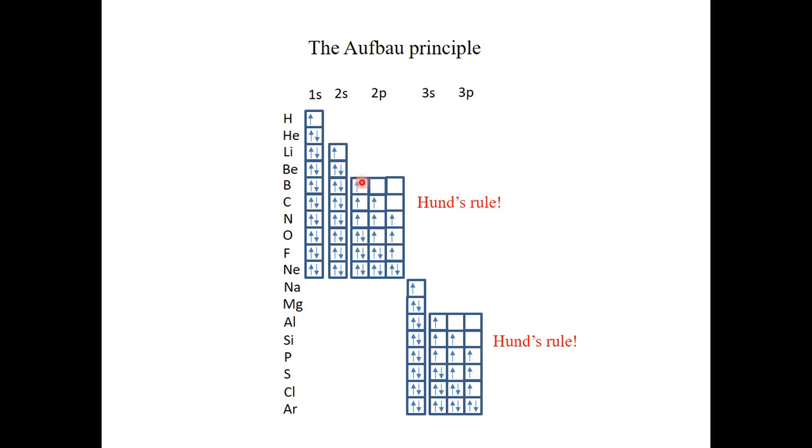Okay. And now as we go from boron to carbon, we have to start considering Hund's rule, right? Because the additional electron in carbon could now be filled into the same orbital, whereby the electron would be spin down, but it could also be filled into a different orbital, either spin up or spin down.